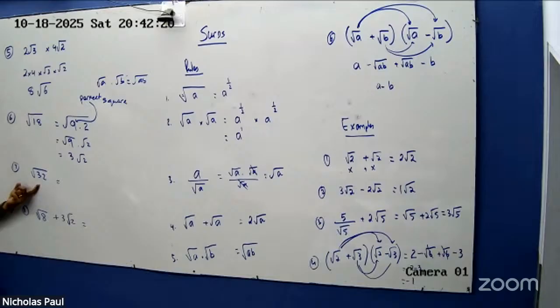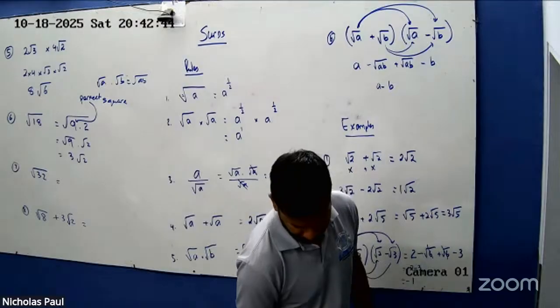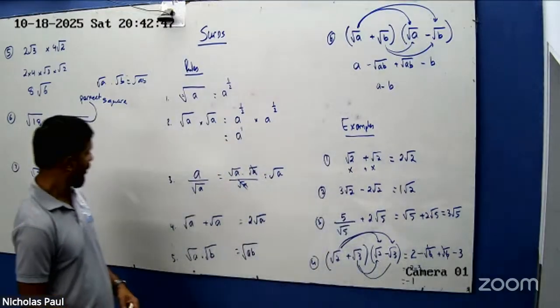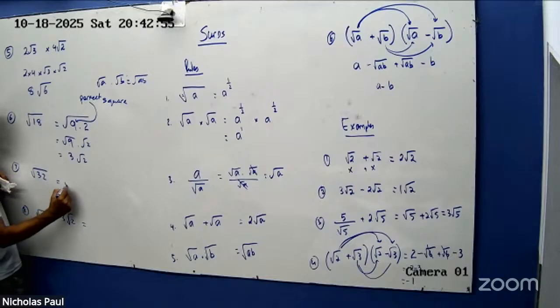So you want to break this up. Then I want to see you try to do this. Which two numbers could we use? 32, what could we use? 16, yeah, I like 16. 4 and 8 could work as well, but I like the 16 by the 2.